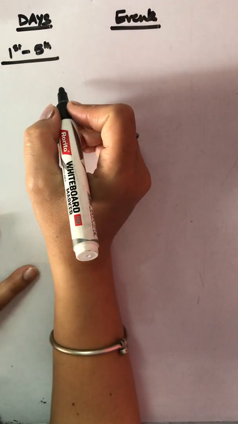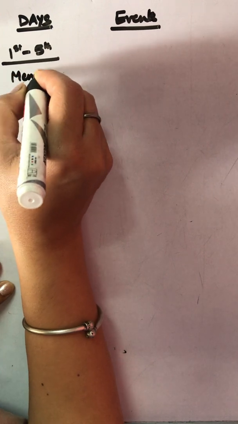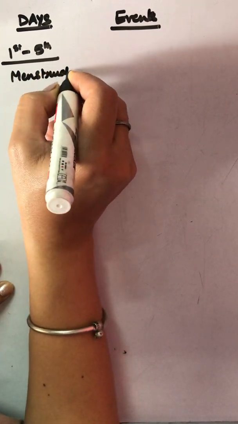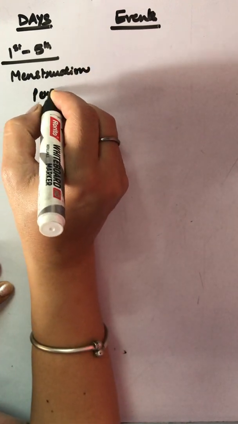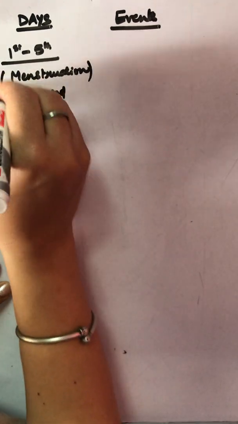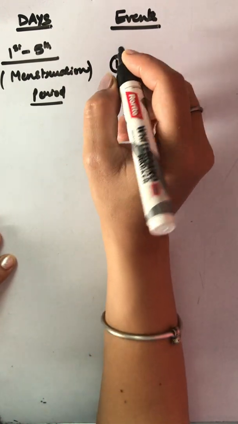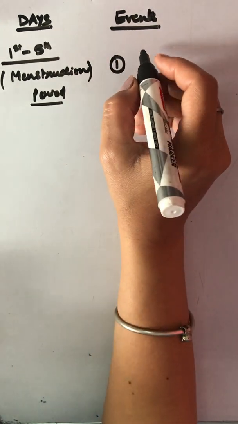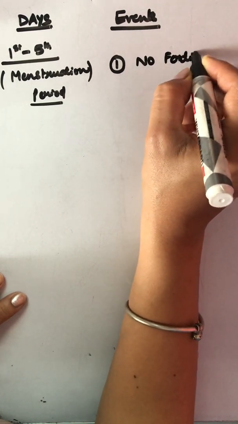This period, 1st to 5th, is known as the menstruation period, which we also call the bleeding period. Clear? First of all, what happens here? Events. Fertilization does not take place, so no fertilization.